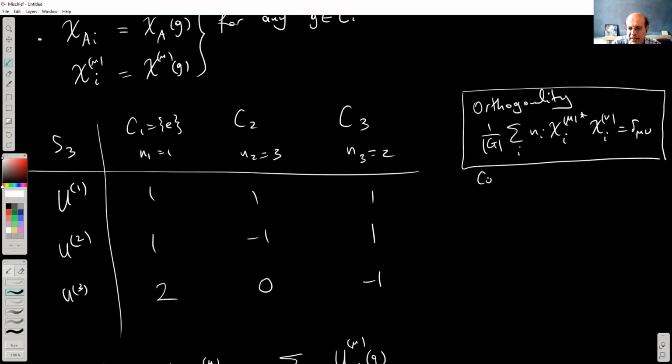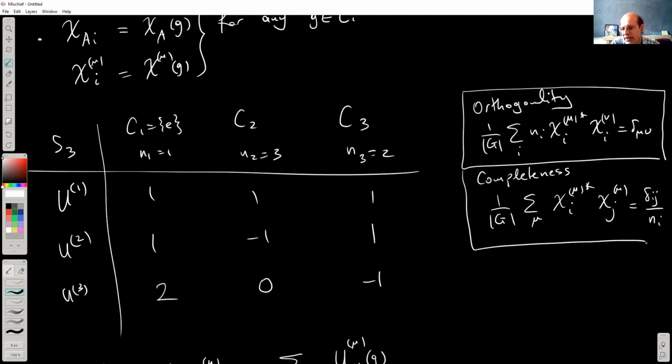And this is the completeness. So that's 1 over g, this time the summation is over the other index: chi i mu complex conjugate chi j mu is equal to delta ij divided by ni.